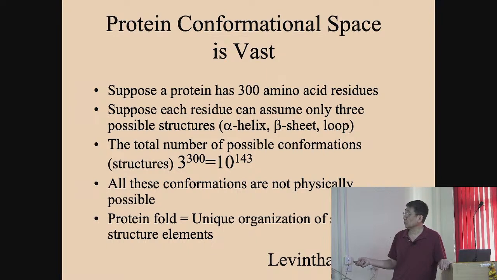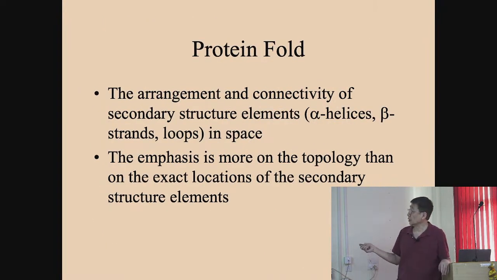The idea we have is that a protein fold is a unique organization of secondary structural elements in your protein, how these alpha helices and beta strands are arranged in the structure. That's basically what I just said: how they are arranged and how they are connected.